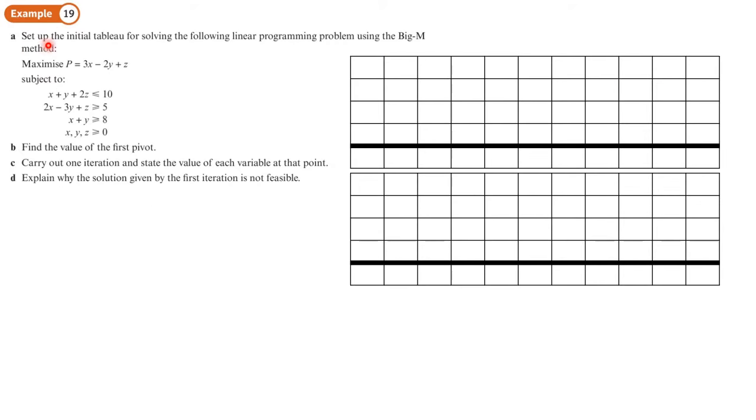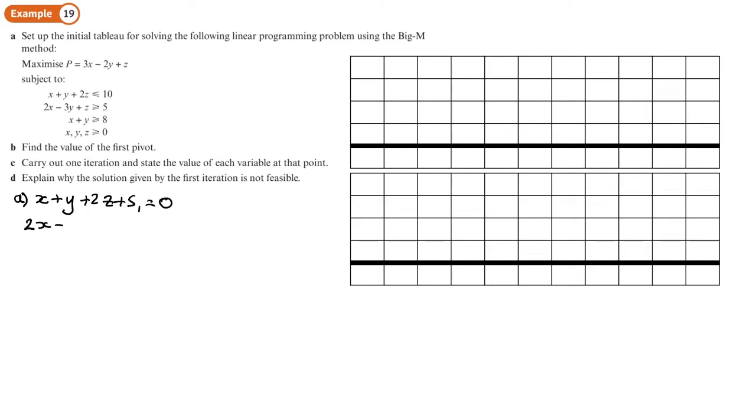Example 19, set up the initial tableau for solving the following linear problem using the big M method. So you want to maximize this subject to these constraints. So the first thing that we need to do is to change our inequalities into equations. Less than or equal to, slack variable.